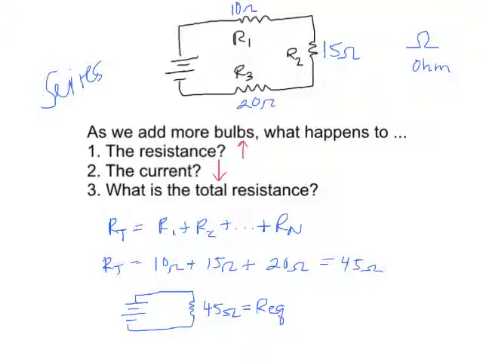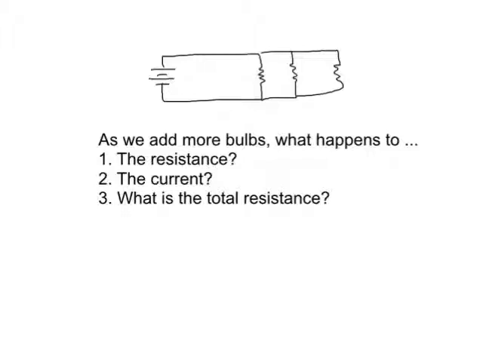Okay? Let's talk about parallel branches. We saw opposite information in our Castle Kit Activity 5. In this case, when we had parallel branches, so light bulbs in separate branches from the main circuit, we saw the resistance go down, and we knew that because our current, the compass deflection, went up.